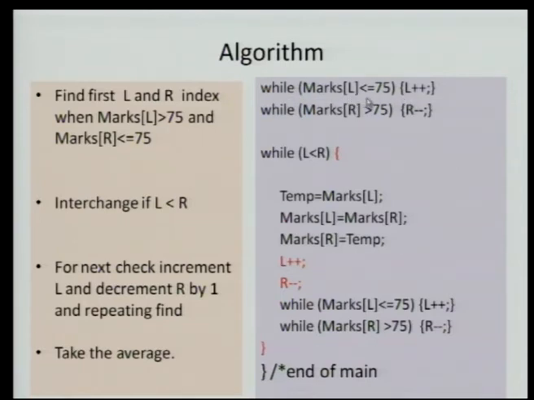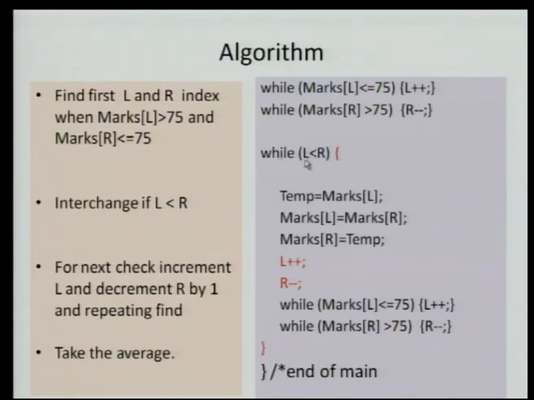While marks left is less than or equal to 75, keep moving L++ till you find the value which is more than 75. Here, if marks are greater than 75, keep reducing the value of R, right? Keep moving down. And then comes the most important step.